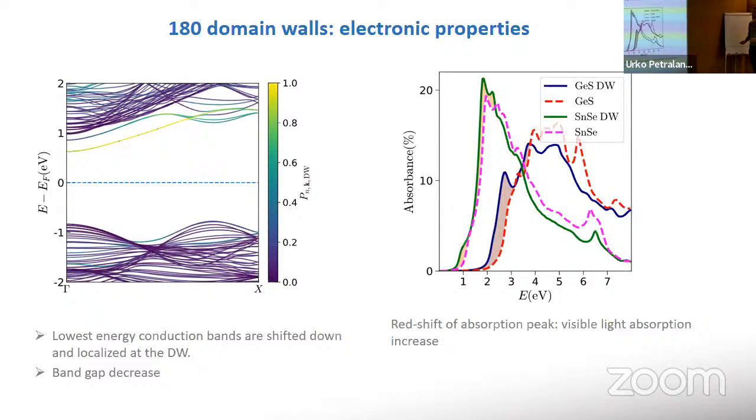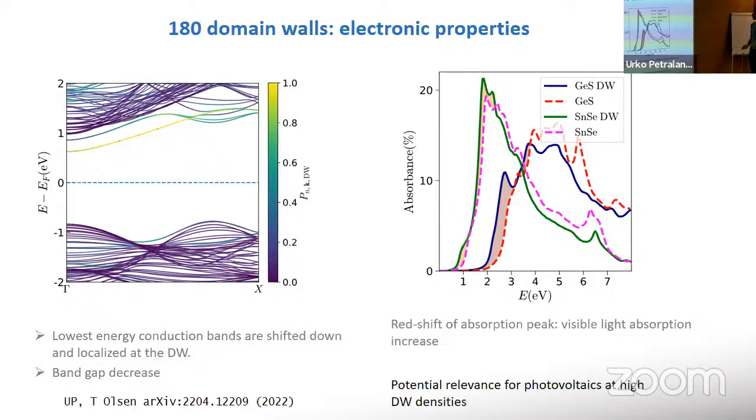But in any case, this is telling us that at high densities of anisotropic domain walls, the gain in absorbance in the solar spectrum is increasing. So if people want to apply this type of compounds for solar cells, domain walls at least are not hurting. One doesn't have to get rid of them in the synthesis or fabrication process. In any case, they are helping, which is something we didn't know and didn't expect to come out.